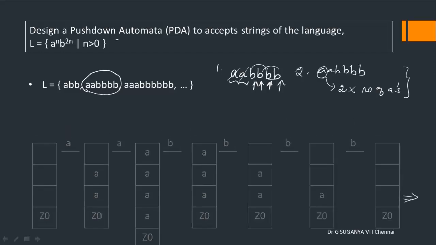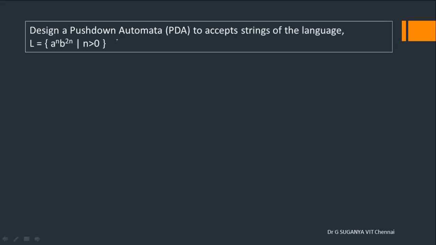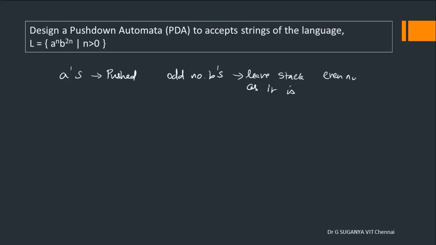Now let's move on to the design of PDA. Let us first go with the first design, where we will be pushing A's onto the stack. A's will be pushed onto the stack. Then for even number of B's, pop.